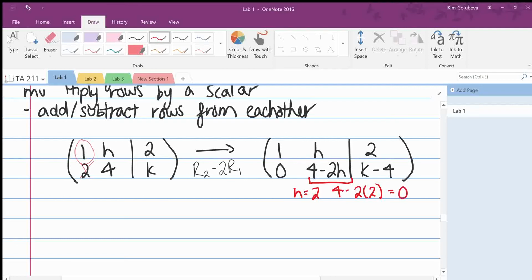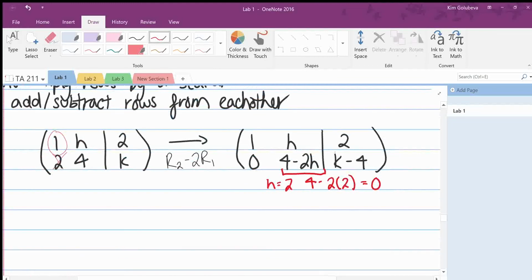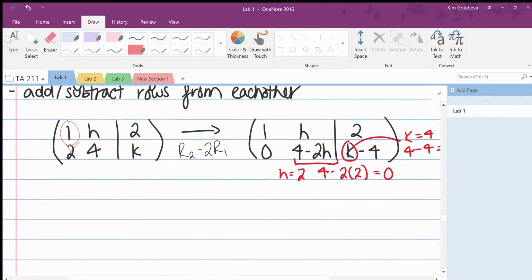Okay, so that's something important to note. And here we want to notice that if k equals 4, then we'll have 4 minus 4 equals 0. Something also important to note.